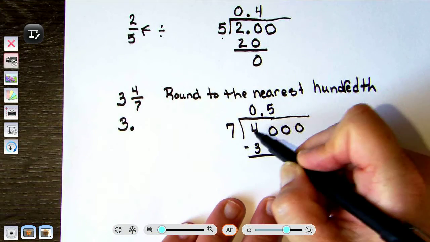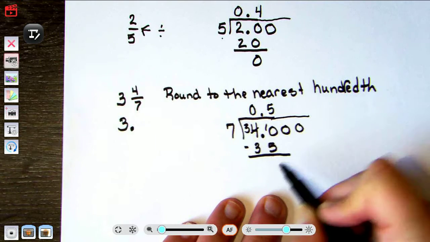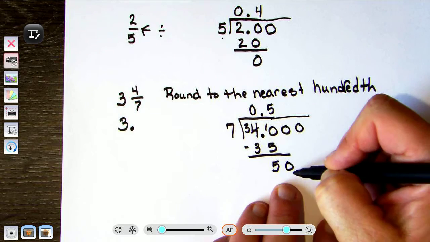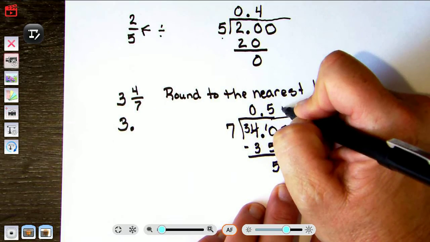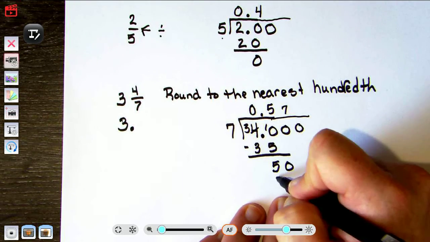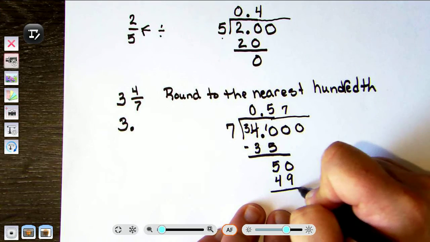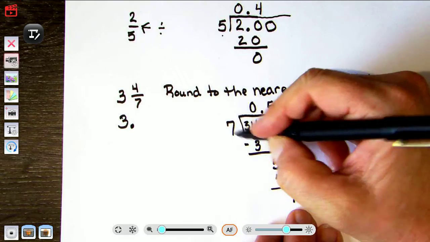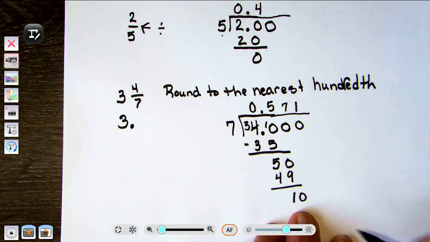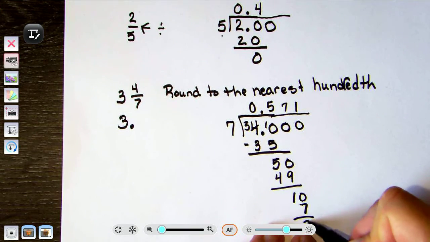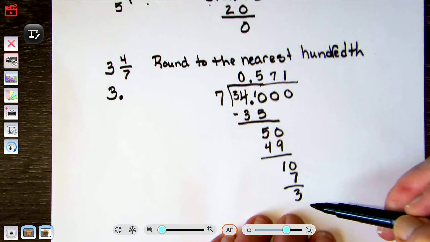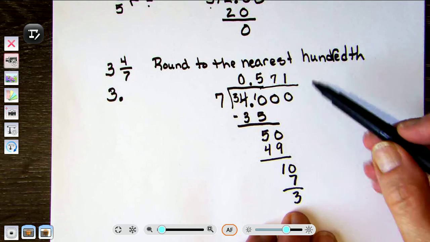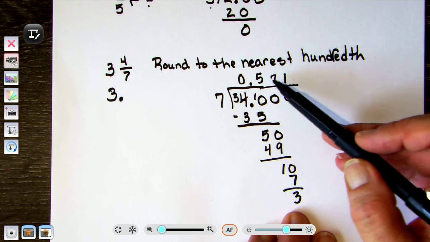So I get 5, and I bring down my 0. 7 into 50, that is 7 times. 7 times 7 is 49. Subtracting, I get 1. Bring down my 0. 7 into 10 gives me 1 time. Every time I subtract, I should be getting something smaller than 7. If I don't, that means I could have gone a larger number up here.